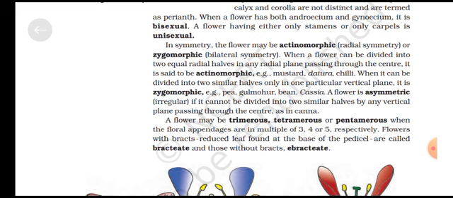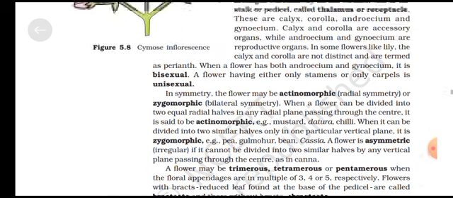A flower may be trimerous, tetramerous, or pentamerous when the floral appendages are in multiples of 3, 4, or 5 respectively. The flowers with bracts, reduced leaves found at the base of the pedicel, are called bracteate, and those without bracts, ebracteate.